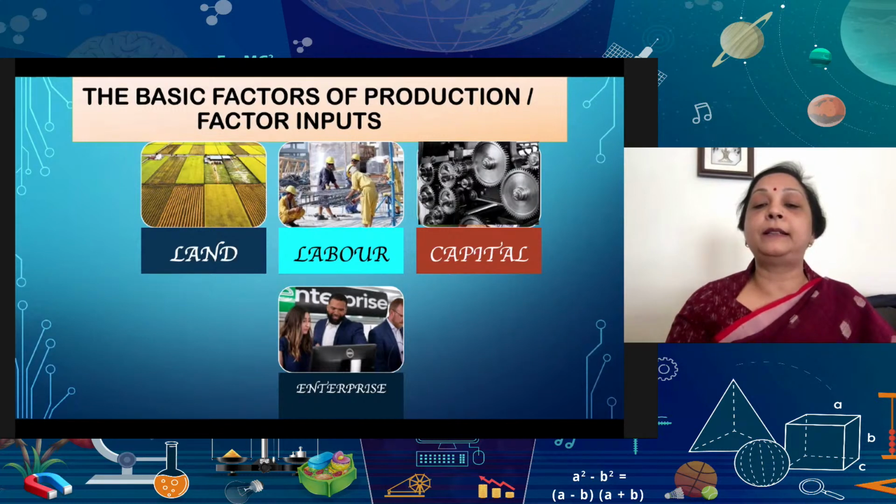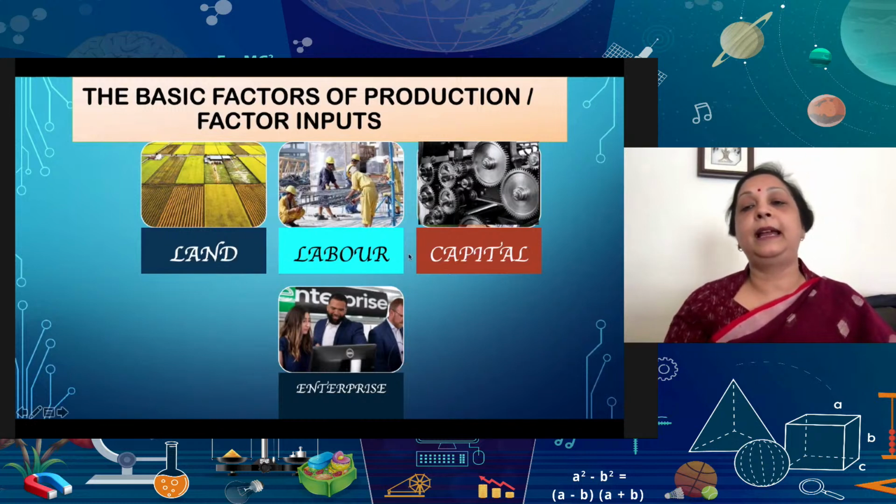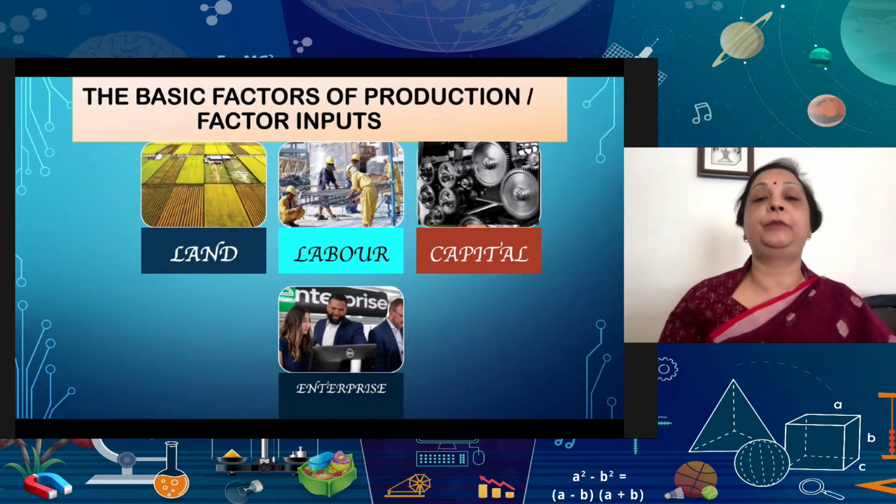So enterprise is one of the 4 basic factors of production, and enterprise is undertaken with a motive to earn profit. So the cost of enterprise is the profit that is paid. So land gets rent, labor gets wages, capital gets interest, and enterprise gets profits. So these are the 4 basic factors of production.